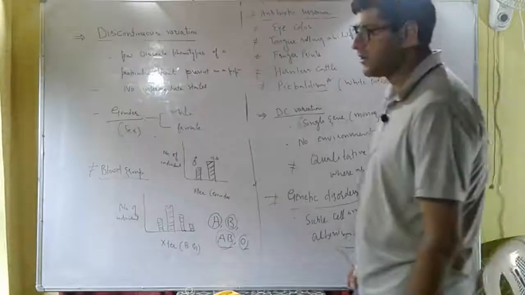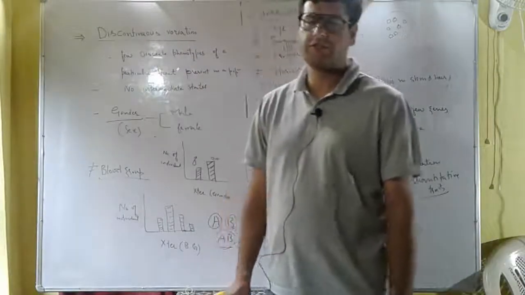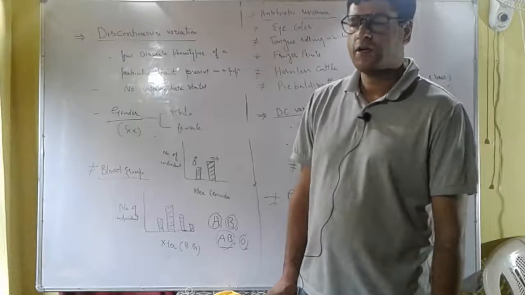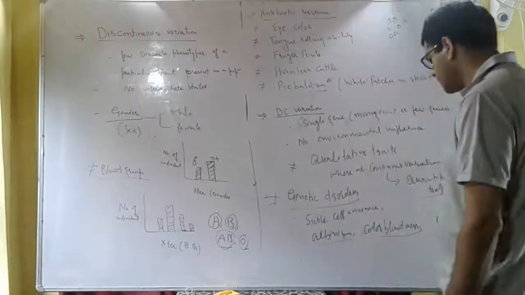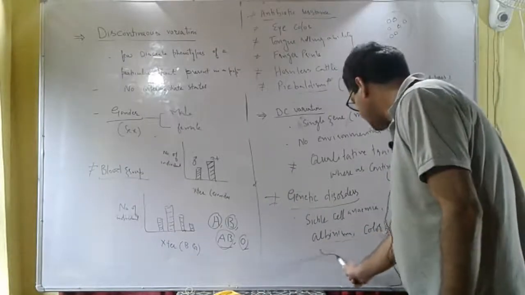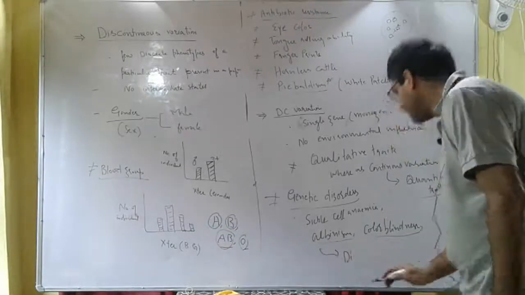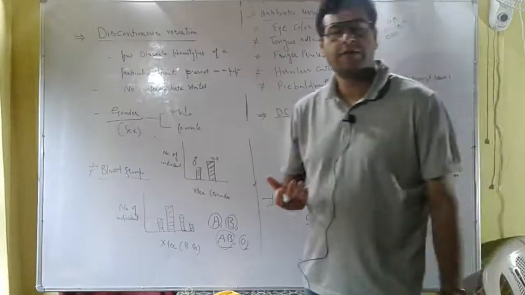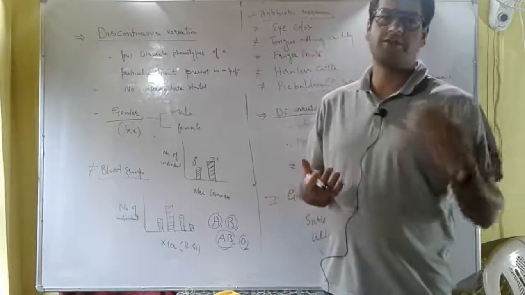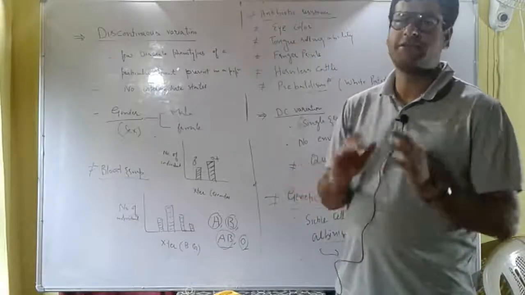These genetic disorders are examples of discontinuous variation. An individual can either have sickle cell anemia or not have sickle cell anemia. There are no intermediate categories.